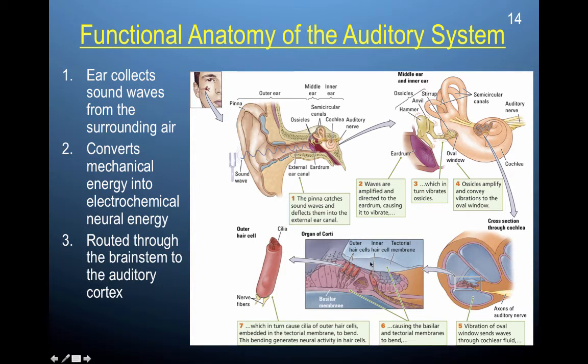And then these outer hair cells that are embedded in this membrane, they bend. And when they bend, this generates neural activity, which converts it into electrochemical neural energy.